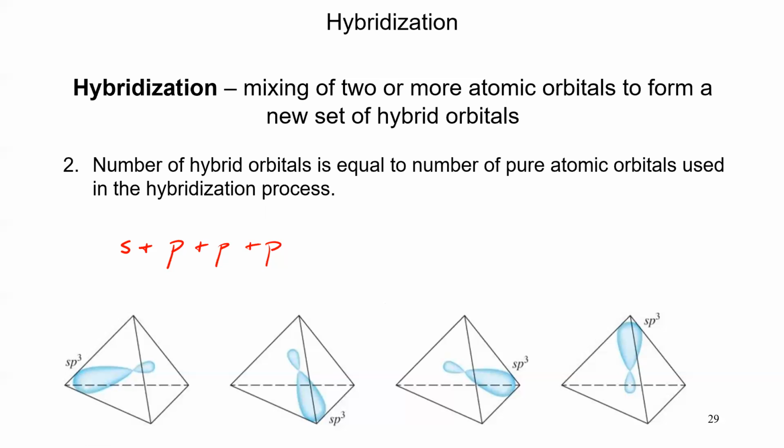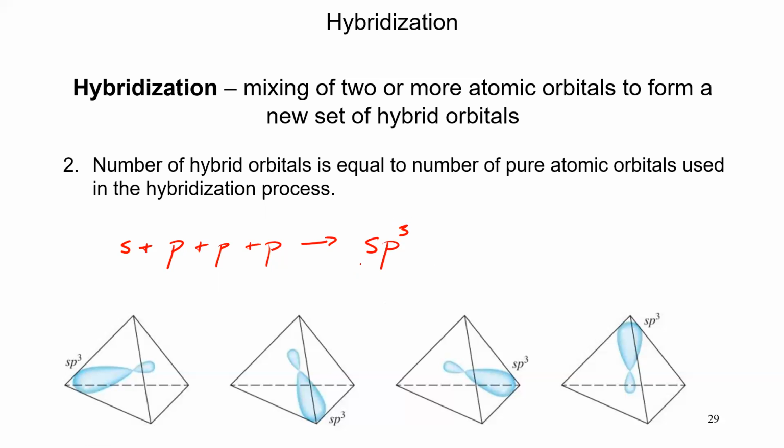We used 1 s orbital and 3 p orbitals, and what we end up with are 4 sp3 orbitals. We represent that as sp, with a superscript 3 on the p.